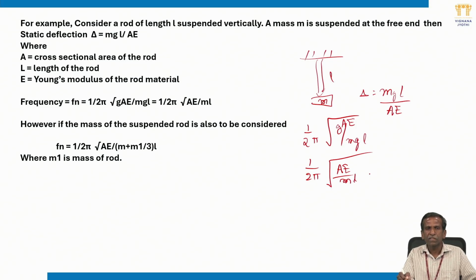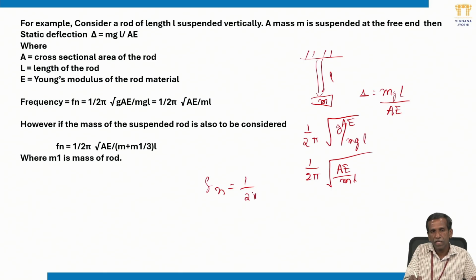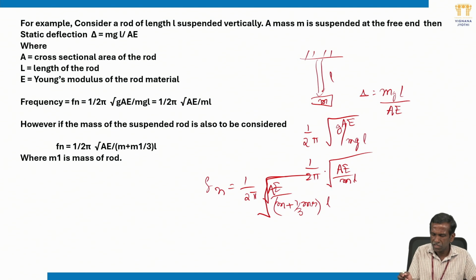So if the mass of the suspended rod is also considered, then you can add 1/3 of that mass of the rod. So you can write fn equal to 1 by 2 pi square root of AE, with m replaced by m plus 1/3 of the mass of the rod, into L, the length of the rod. This is under the square root.